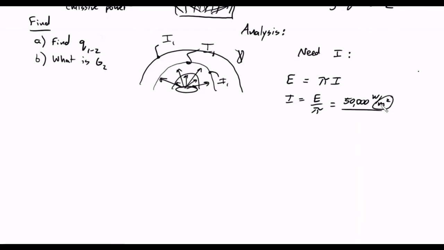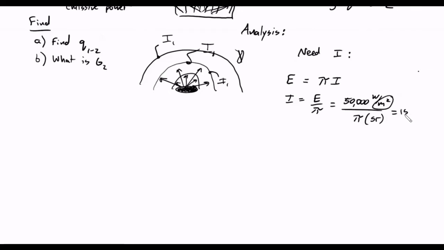This area is written per unit actual area, so the actual area of our circle, no projected area or anything like that. And then we're dividing by pi, and pi actually has units here. It has units of steradians, because what we did to get this pi was we integrated our intensity over all directions, which has units of steradians.